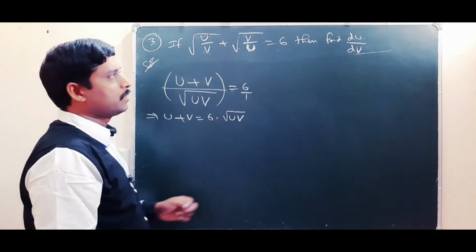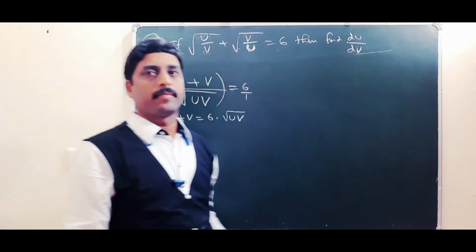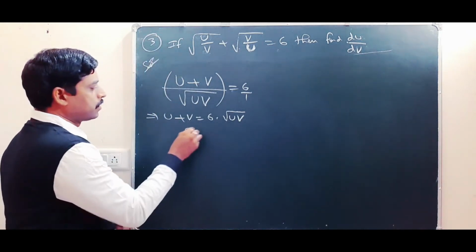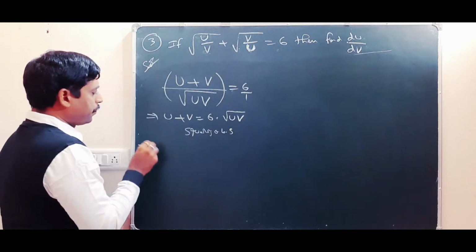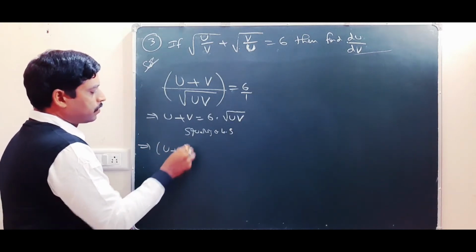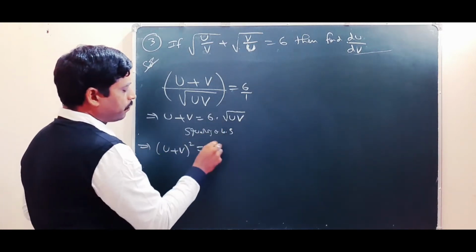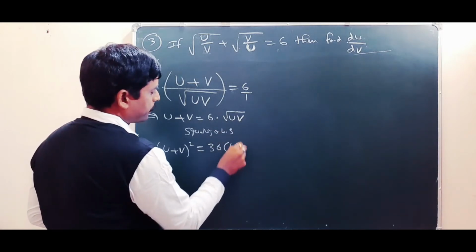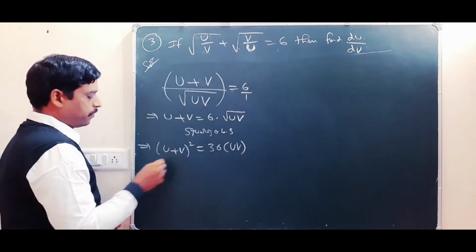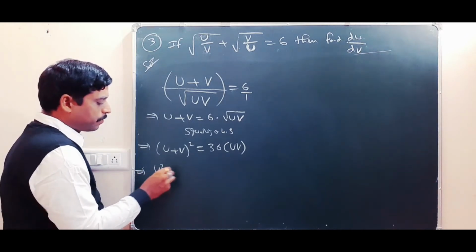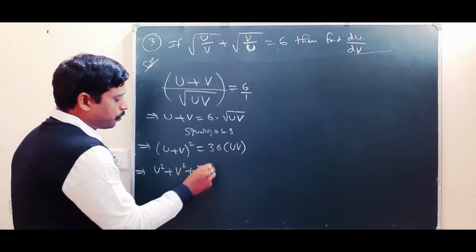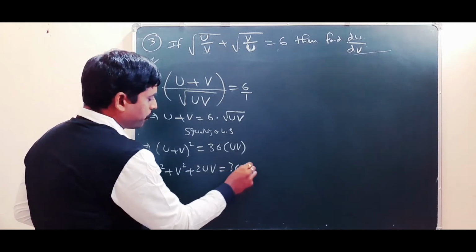But our target is du by dv. Squaring on both sides. Now u plus v whole square is equal to 36 into uv. We have the a plus b whole square formula: u square plus v square plus 2uv equal to 36 uv.